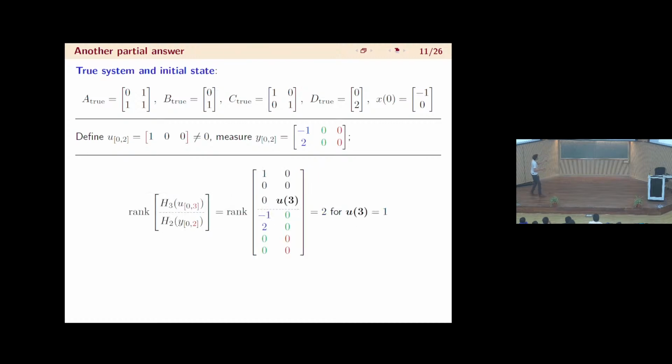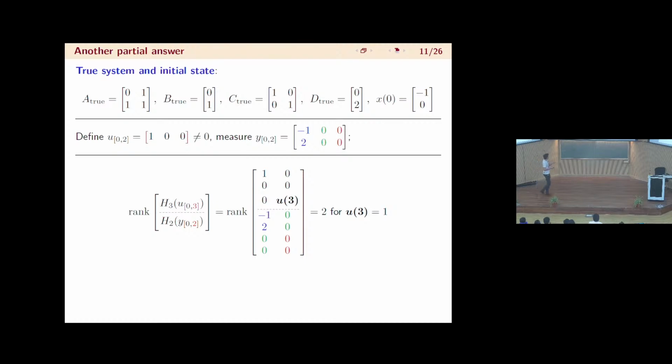And let's now add another column to this input-output Hankel matrix. So I have then the input-output Hankel matrix over here. How should I choose U3 to increase the rank? Obviously, if you choose U3 non-zero, then you increase the rank, right? Then we have 2 linearly independent columns.